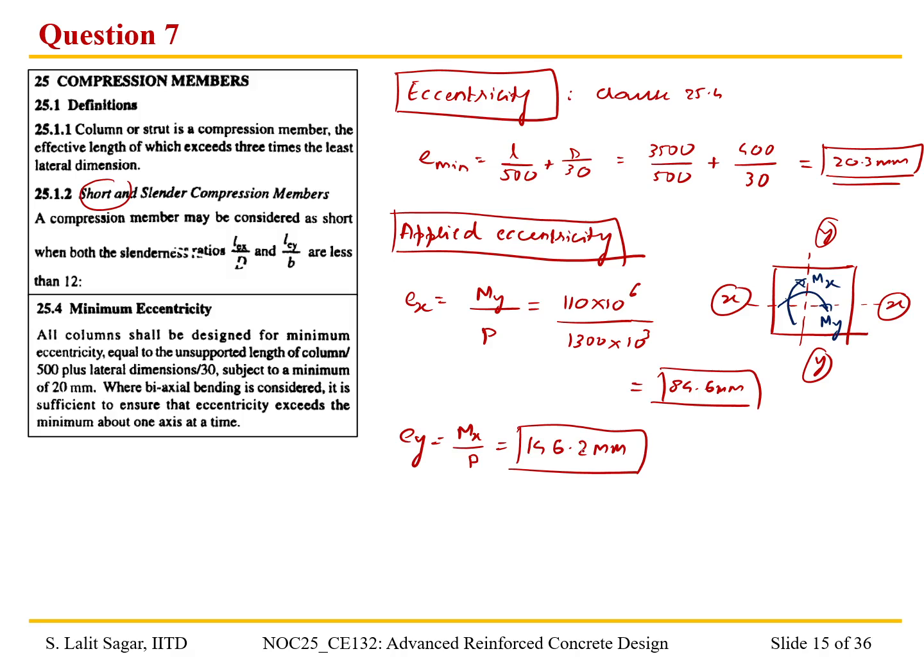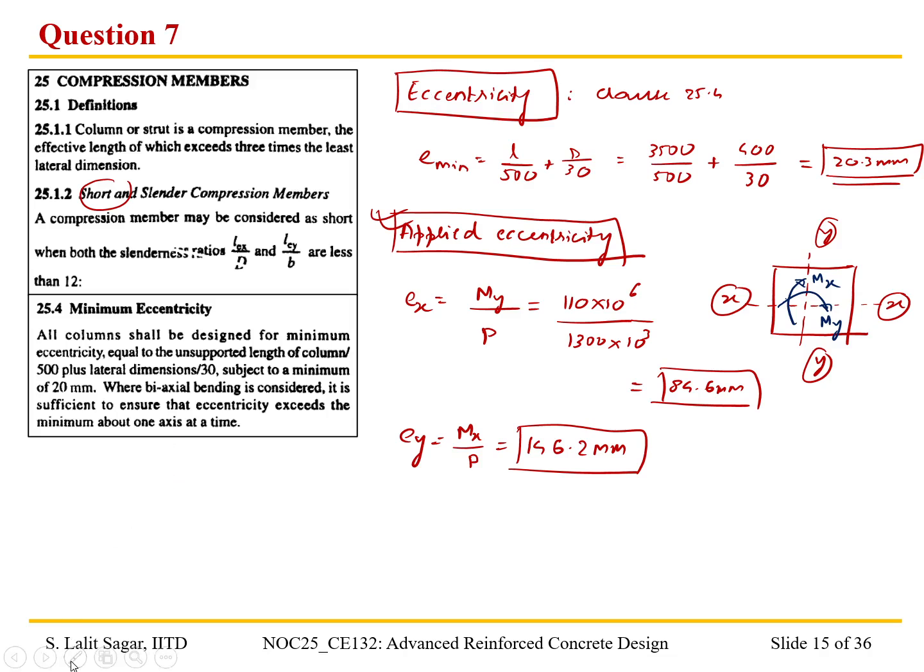Since the applied eccentricities are greater than the minimum eccentricity, we can proceed with the applied eccentricity for the design purposes. Now let us proceed to the actual design procedure.